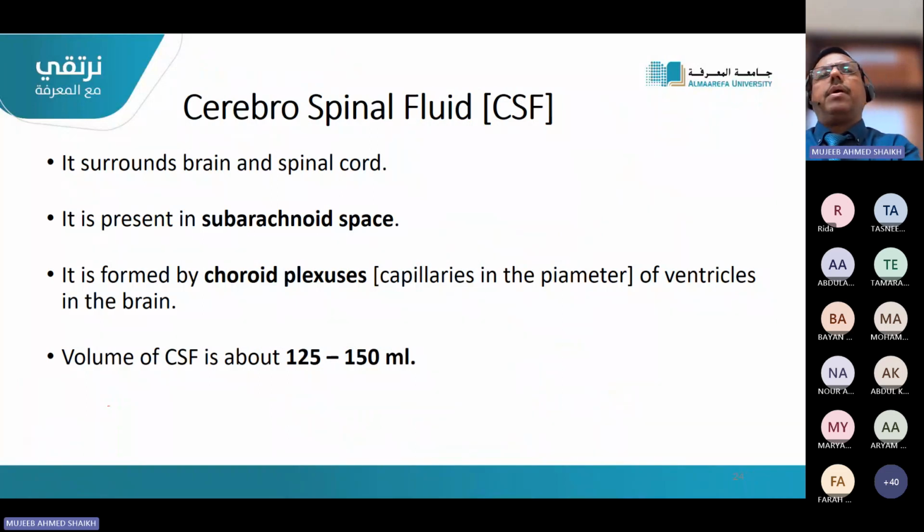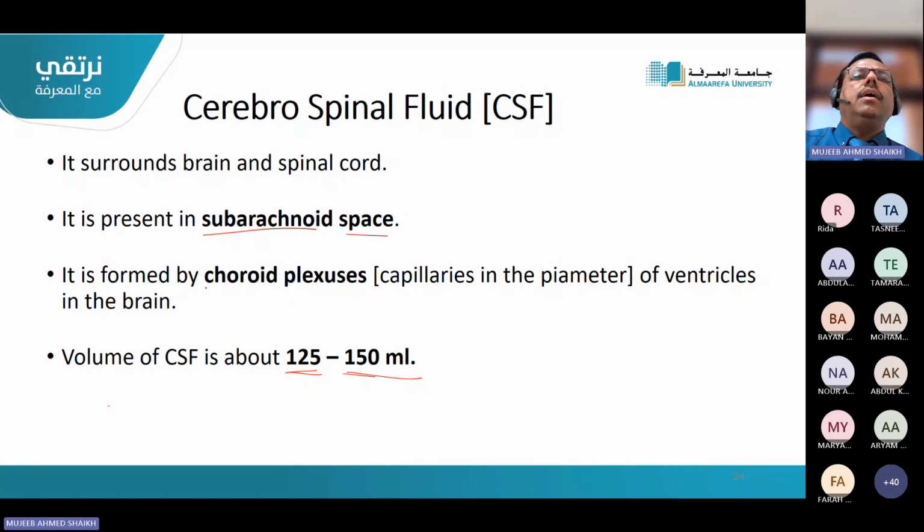How much is the cerebrospinal fluid? Total around the brain and the spinal cord at any given moment, it is about 125 to 150 ml. It is present in the subarachnoid space around the brain as well as the spinal cord.